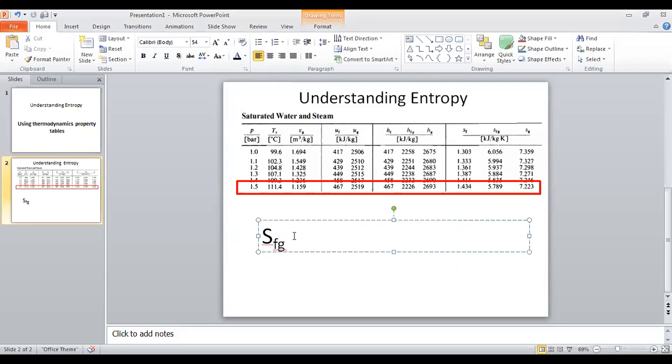And if you take HFG, this HFG divided by the corresponding temperature in kelvins, T in Kelvin.